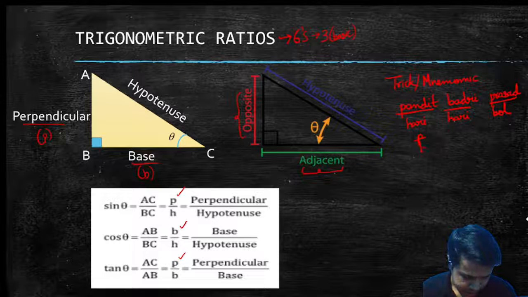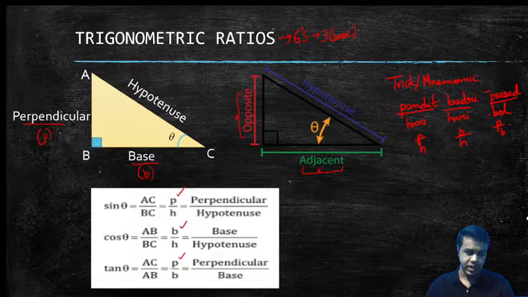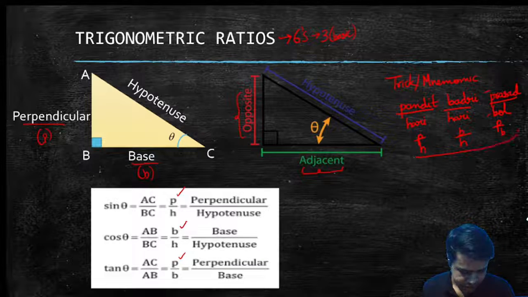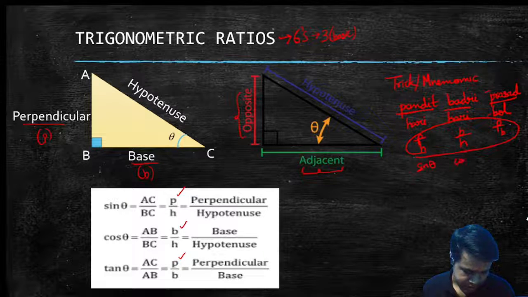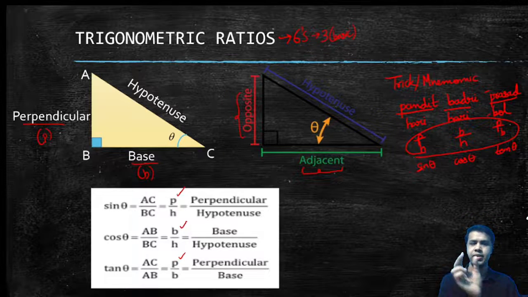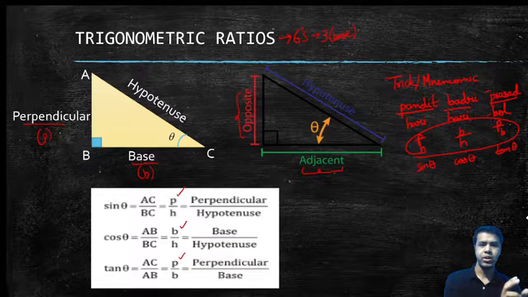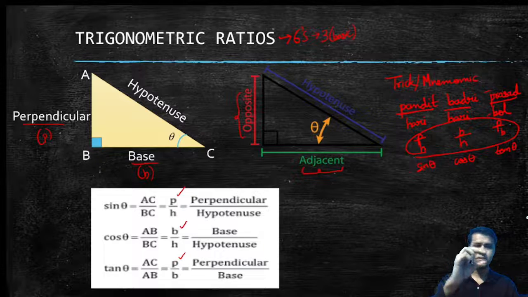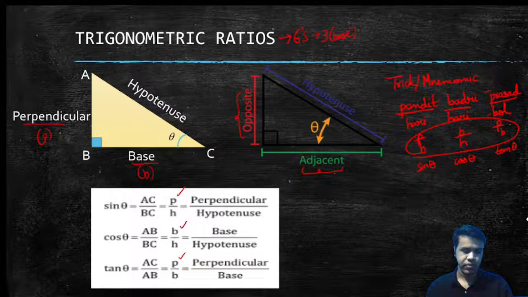Pandit P, Hari H, Badri B, Hari H, similarly P by B, which is nothing but the formulas of sine theta, cos theta, and tan theta. By remembering the mnemonic and looking at the first letter of each word, we can write the formulas of sine theta, cos theta, and tan theta.